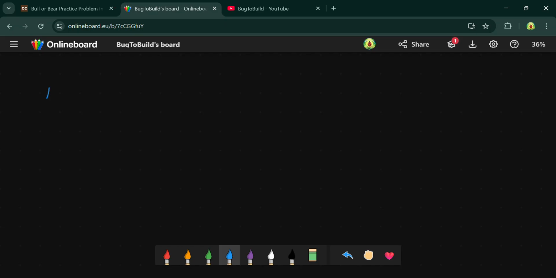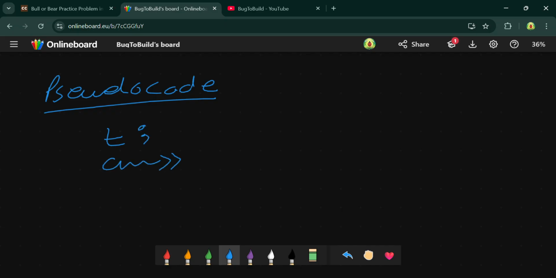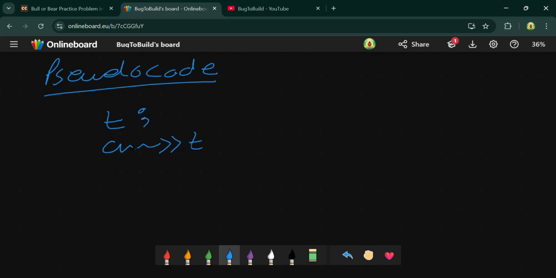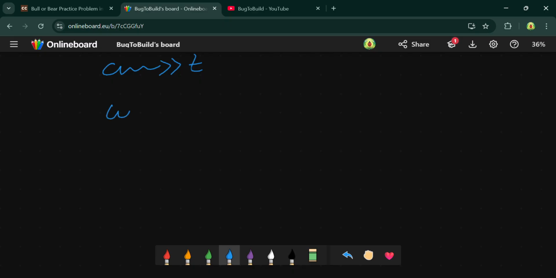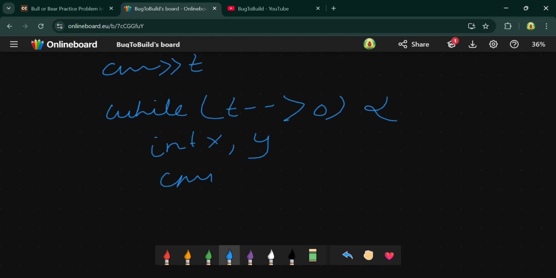So let's write a pseudocode. First you have to take the test cases, cin t. Then while t minus minus is greater than 0, you just have to take int x and y, cin x and cin y.